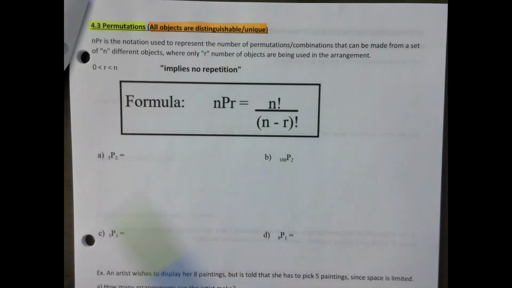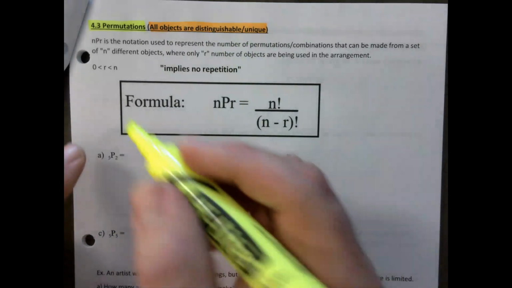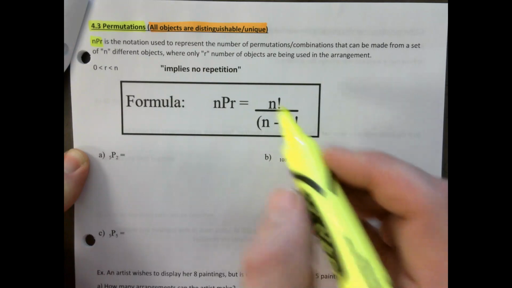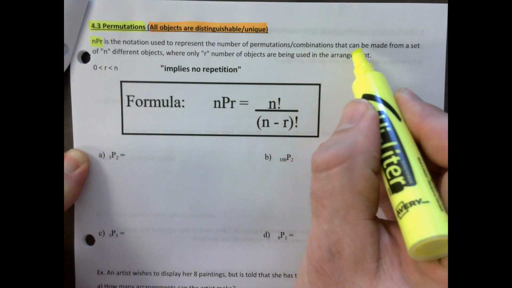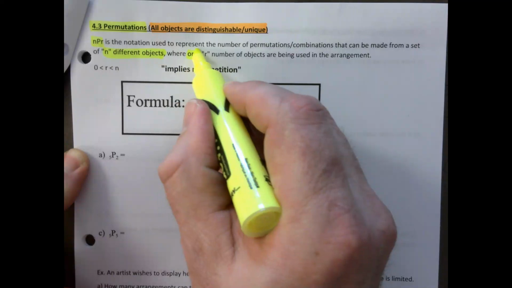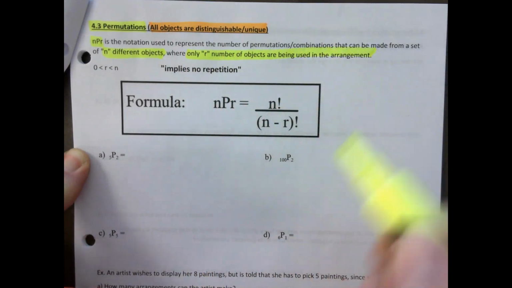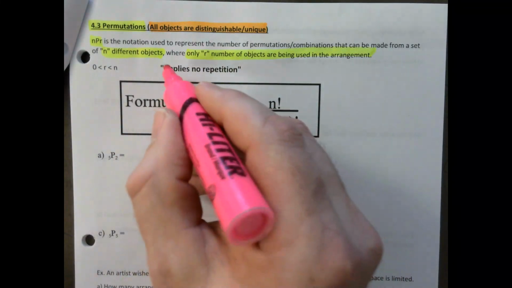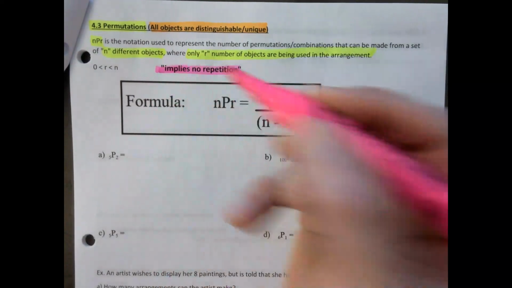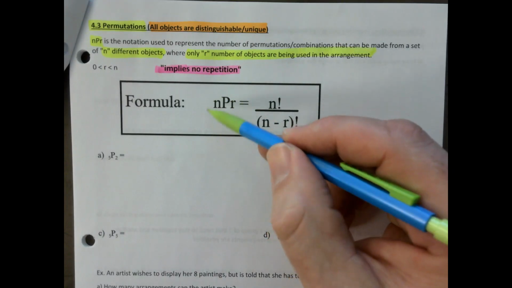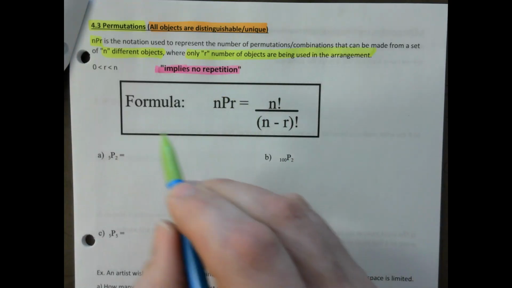We're assuming that. nPr is a notation used to represent the number of permutations that can be made from a set of n different objects where only r objects are being used in the arrangement. This, by definition, and I'm going to use a different color for this one, guys, very important, implies no repetition. It's implied. Okay? So this is the formula. I want you to add that to your study sheet for permutation.